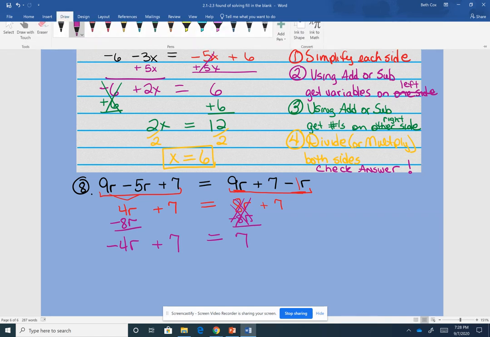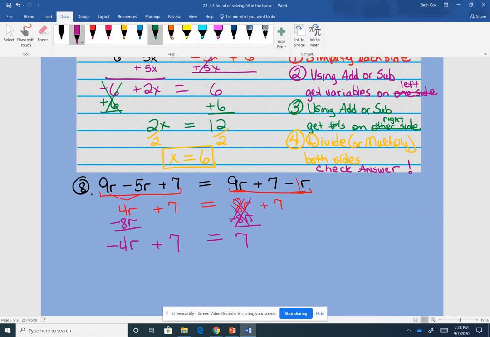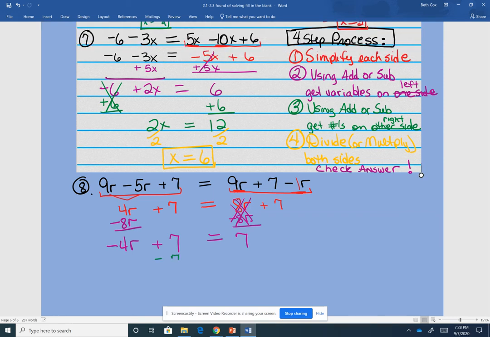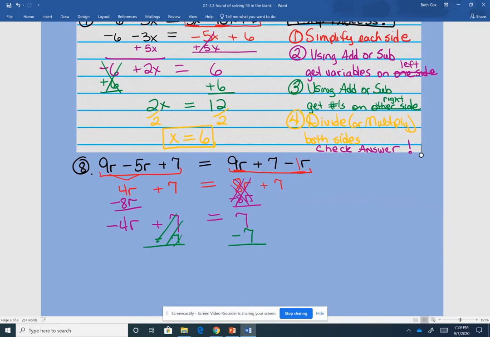The variables on the left. Now we're going to do add or subtract to get the numbers on the right. This number's on the right, so I'm going to remove it from here. Uh-oh, something weird happened. That's okay. We can handle it. What is 7 minus 7? We just marked it out here, but we know what it is. We talked about it earlier. It's 0.